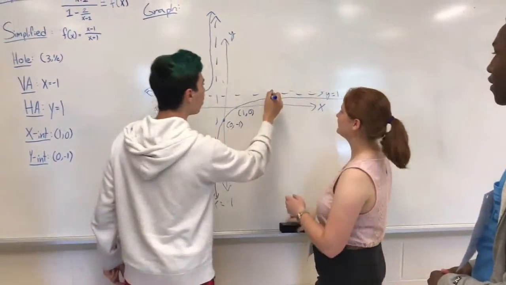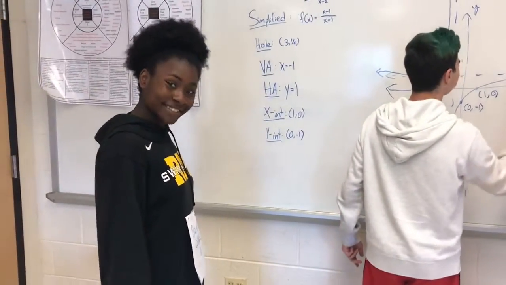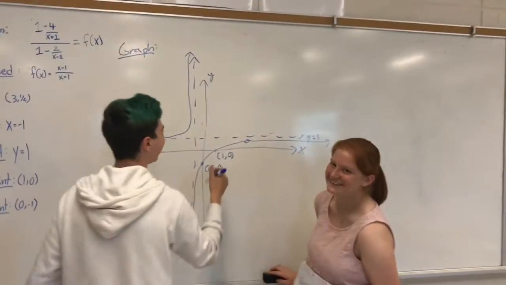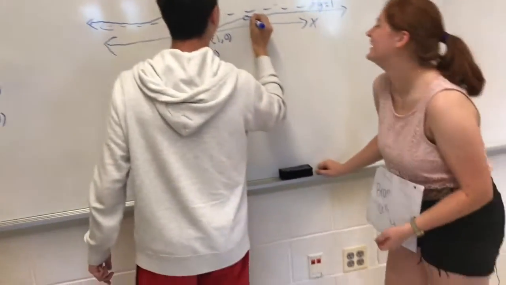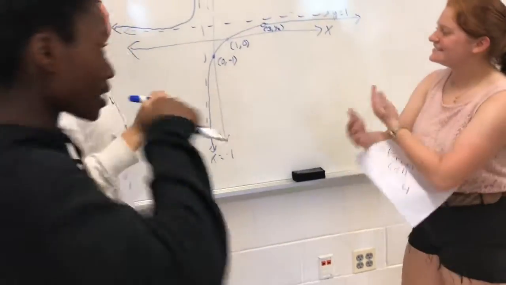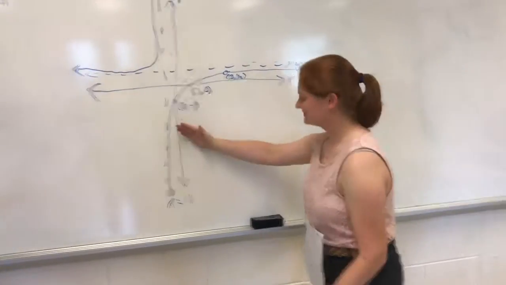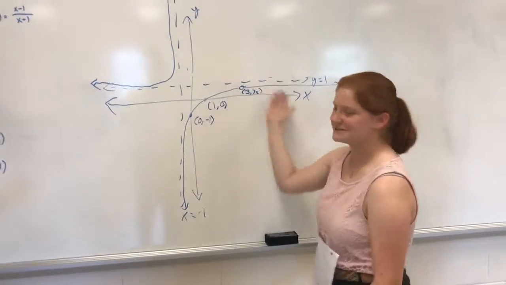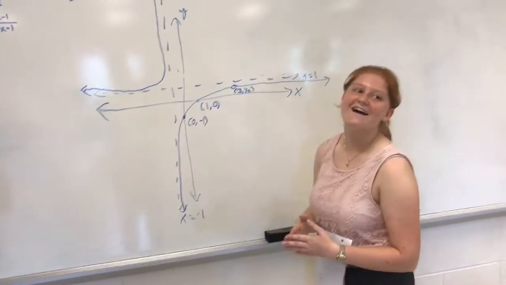You can signify a hole by making an open circle, because open circles have holes. So you have our hole, our x-intercept, our y-intercept, and asymptotes. Guess what else has holes? Swiss cheese.